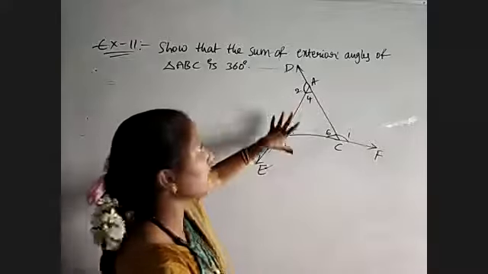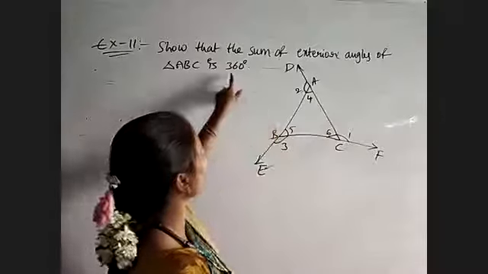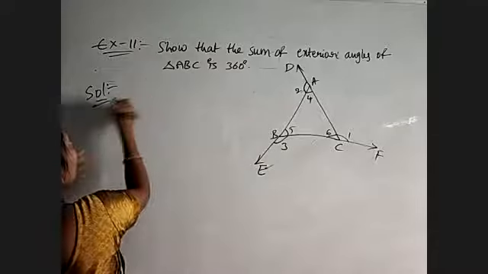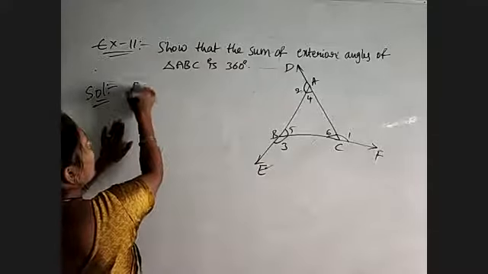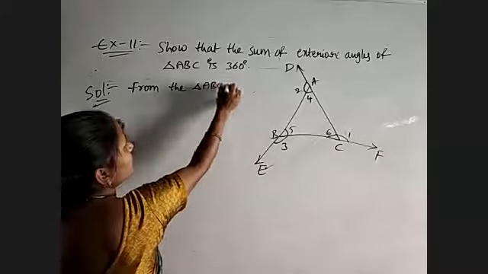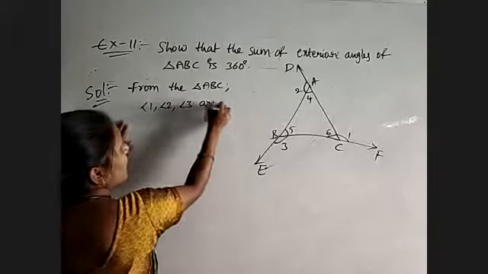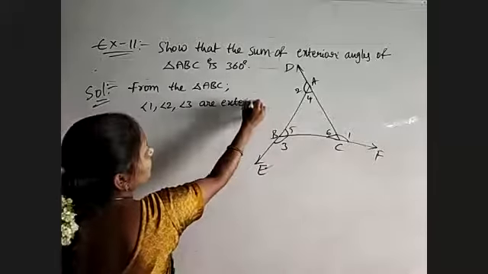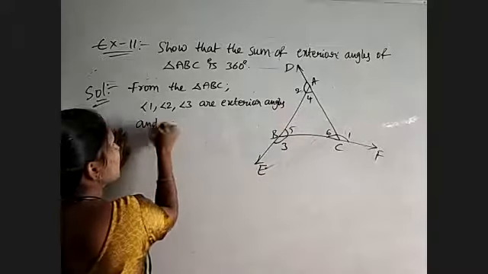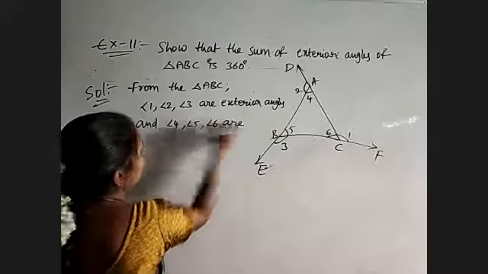For this question, we need to show that the sum of those three angles, angle 1 plus angle 2 plus angle 3, is equal to 360. So what is required to prove is, from the figure, from the triangle ABC, angle 1, angle 2, angle 3 are exterior angles and angle 4, angle 5, angle 6 are interior angles.